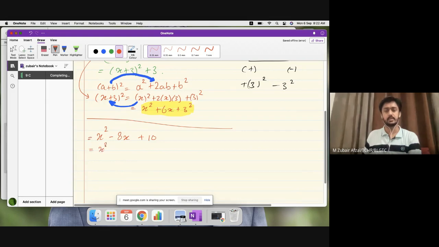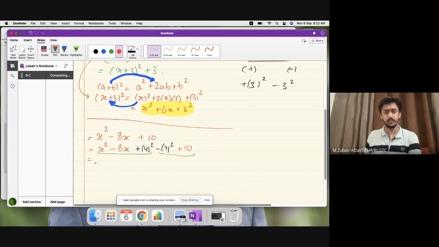First two numbers, x square minus 8x, coefficient of x is 8, half of it is 4, so we do plus 4 square minus 4 square and the remaining number plus 10. Whatever is added is subtracted, so it makes no change in it mathematically. Then we close the first three. Close the first three and solve the last two.